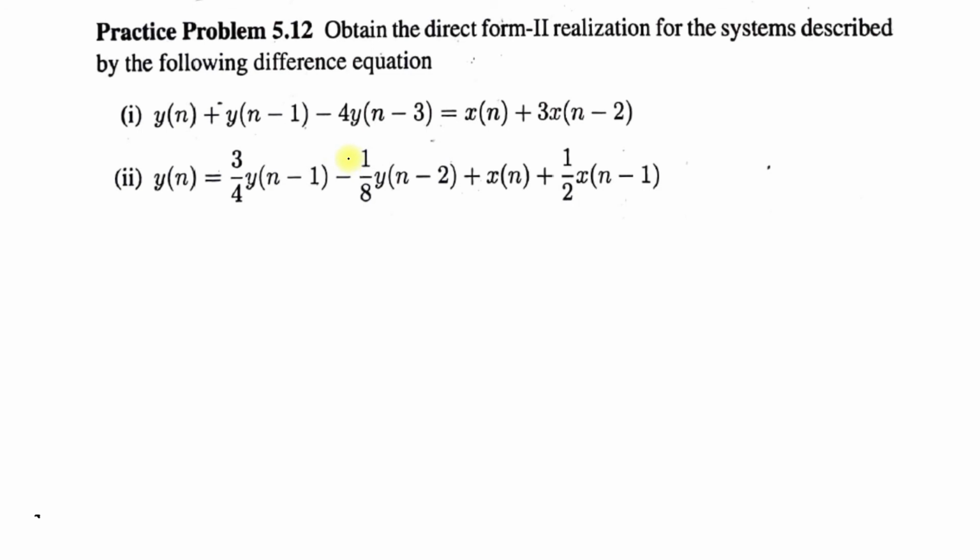So here you have two homeworks. In the first case you have to put it in the standard form, that is y of n equal to minus y of n minus 1 plus 4 y of n minus 3 plus x of n plus 3 x of n minus 2.